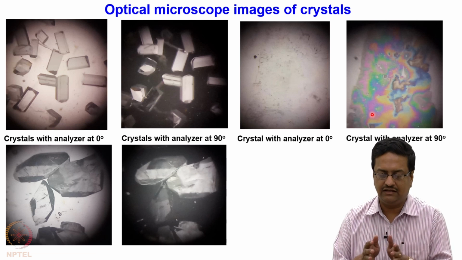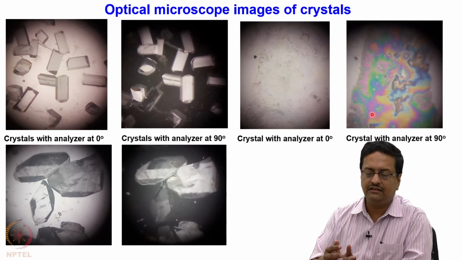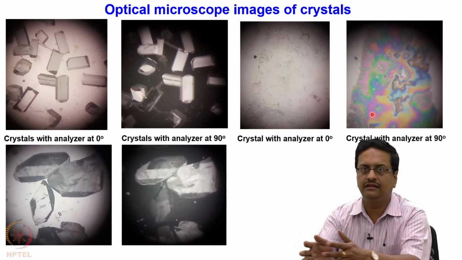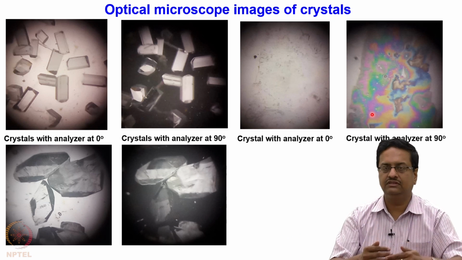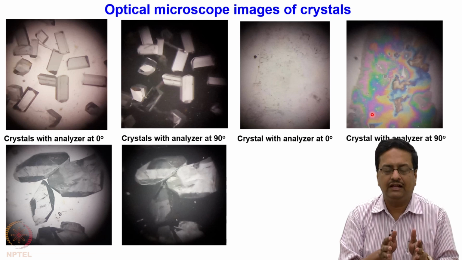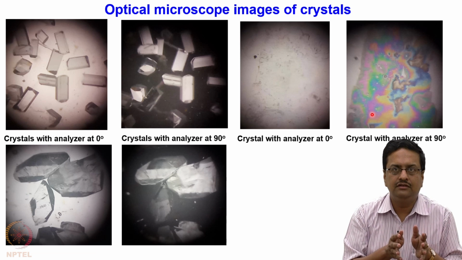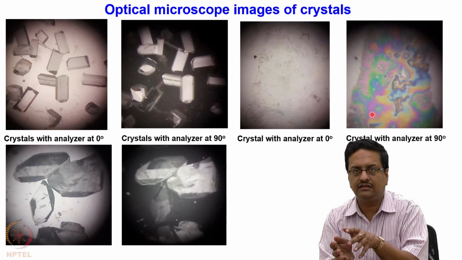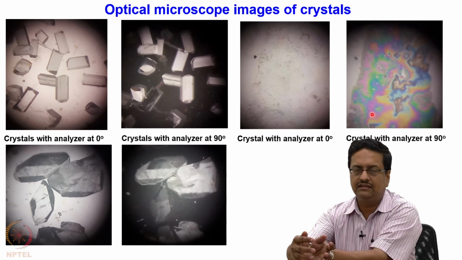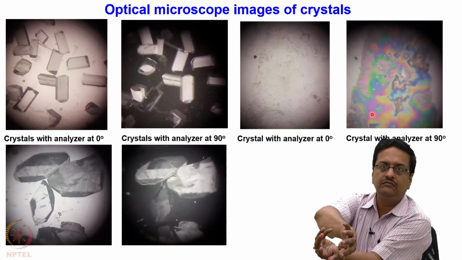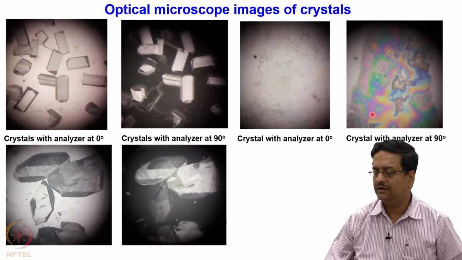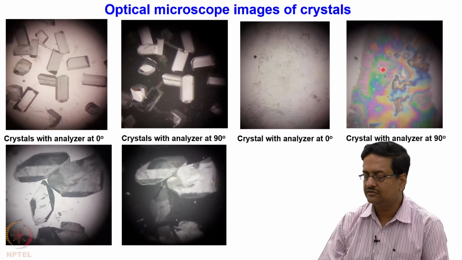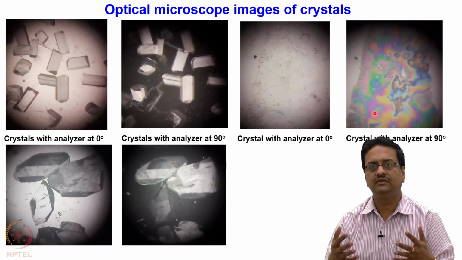The unit cells may be arranged one way for some distance, then arranged in a different direction, and then in another direction. They may be like this up to some point, then tilted at some point, then further tilted, then the unit cell may be inverted. So there are several such domains with different orientations of the unit cells.